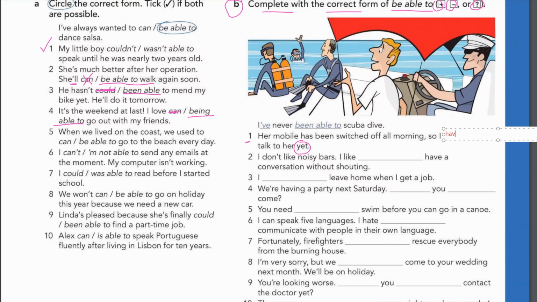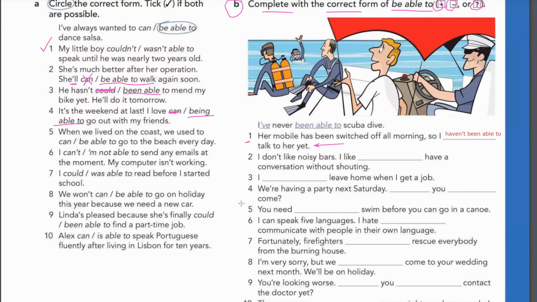I haven't been able to talk to her yet. Present perfect of be able to. Okay, guys. And how did I know it's a present perfect?